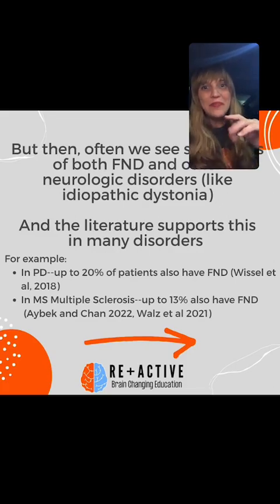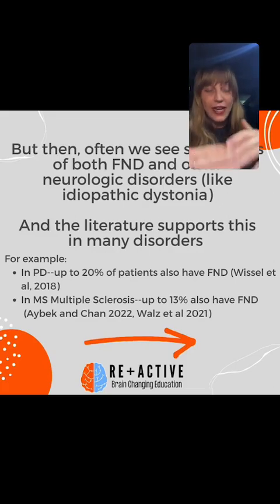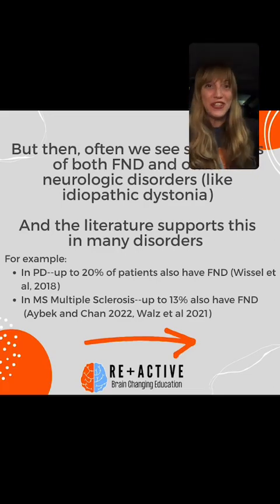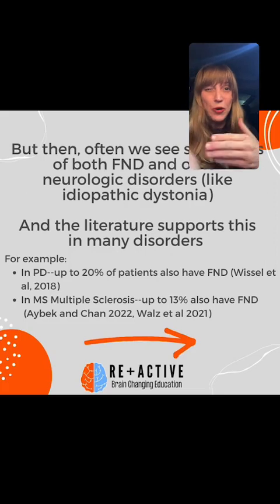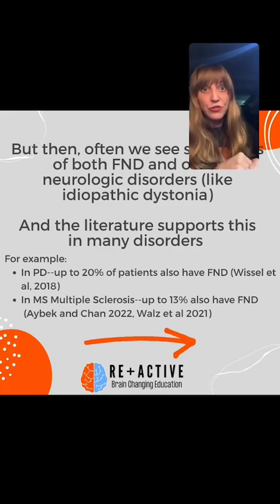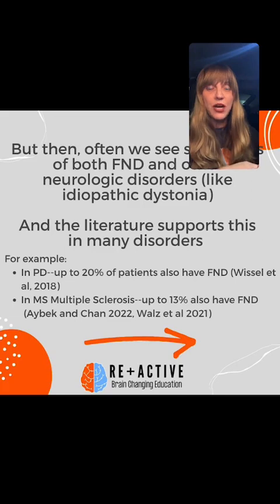So the literature supports this, and there's lots of interesting literature in this realm. In Parkinson's, for example, there's quite a range, but up to 20% of people with Parkinson's also have a functional neurologic disorder or functional symptoms.